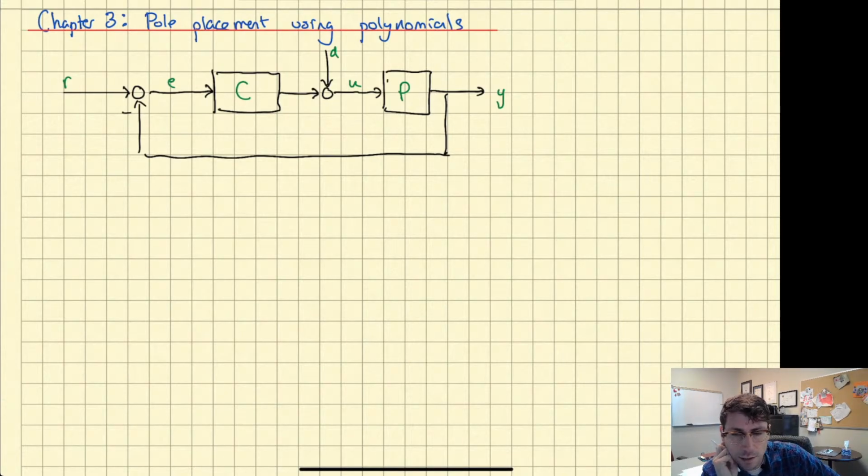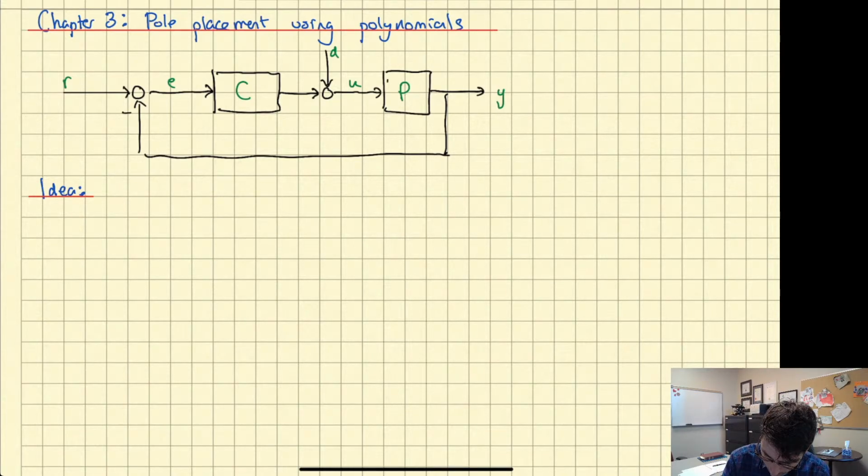And we're going to design controllers in this chapter. I just want to give the high-level idea before we get into the nitty-gritty. This is something I mentioned when we were talking about transient response.